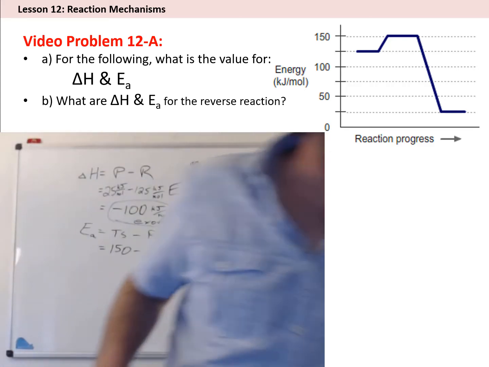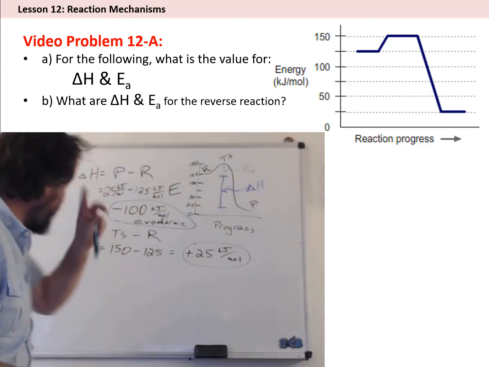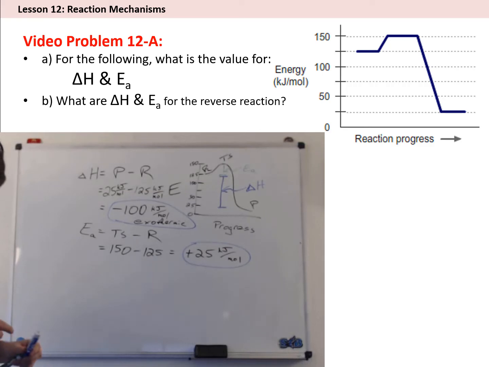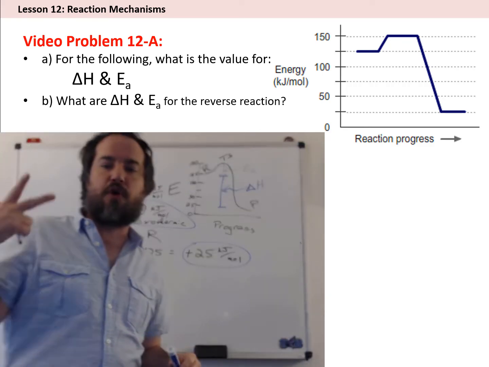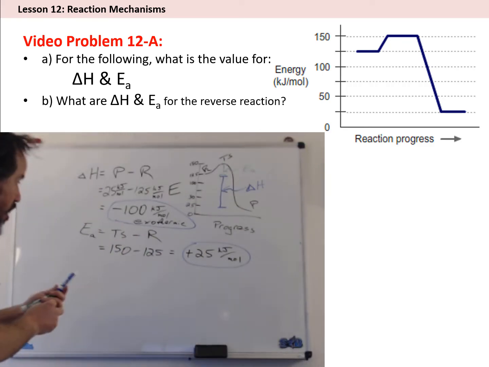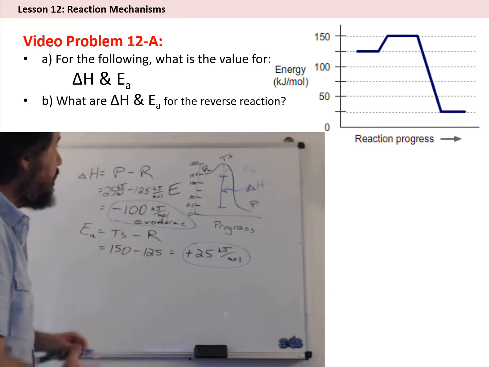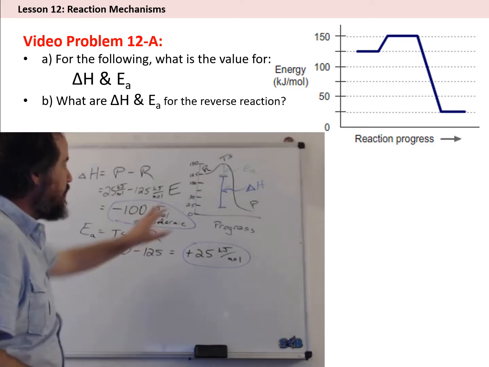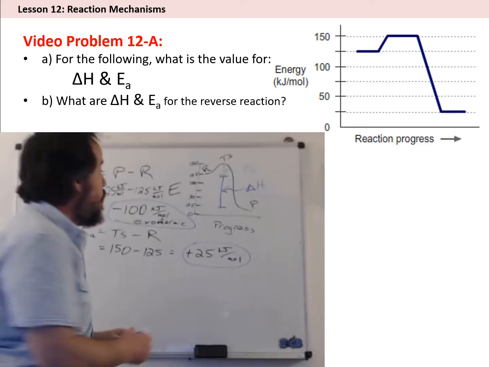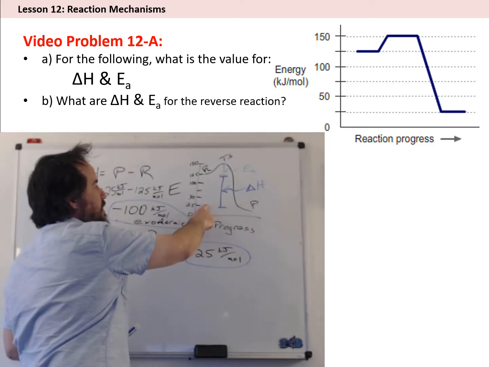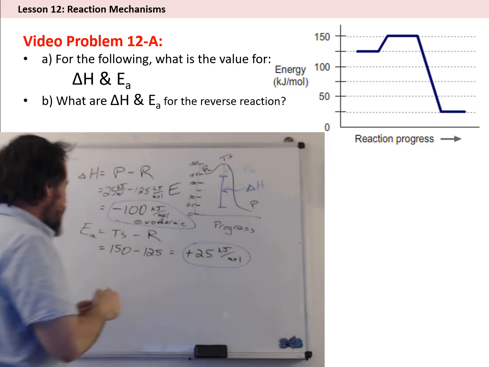All right, let's go on and look at part B. In part B, we're asked about the reverse reaction. So the thing with this is, in order to understand the reverse reaction, we need to flip this. What was products is now reactants. What's reactants is now products.